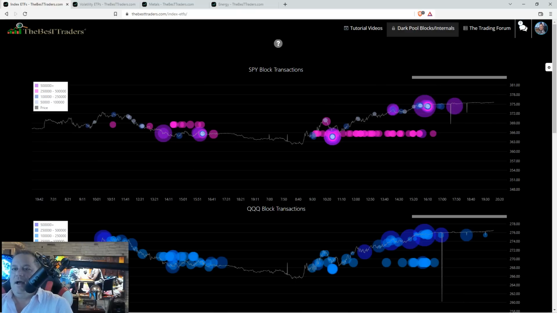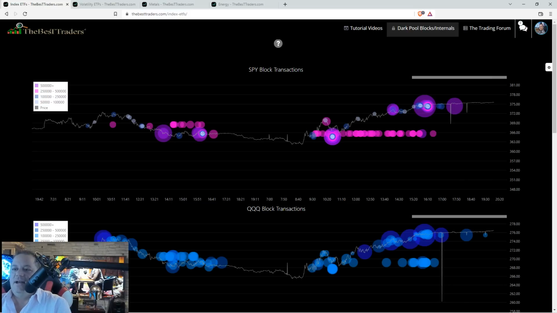There are indicators that people have on TradingView and Thinkorswim, but I don't know what they actually did with that. Looking over it and speaking to other members that have used them, I find that they're not really valuable, because you don't know whether the dark pool is a buy or sell.